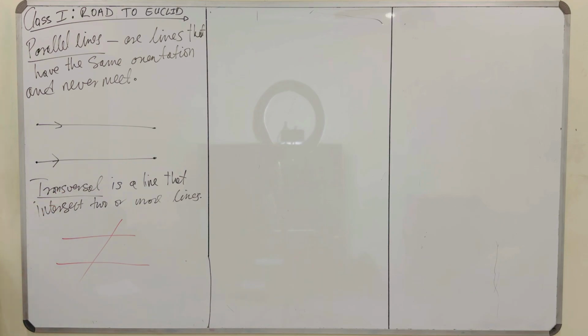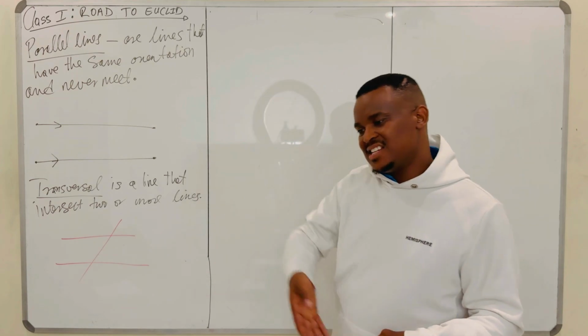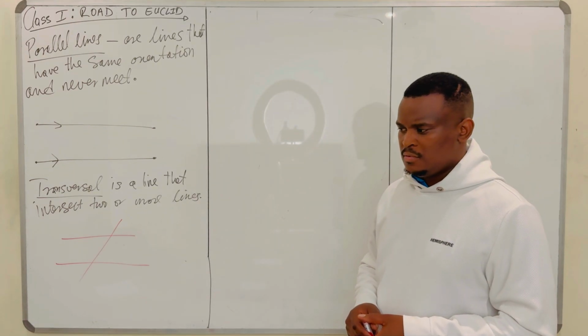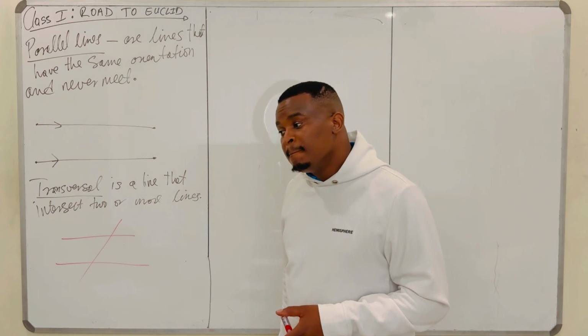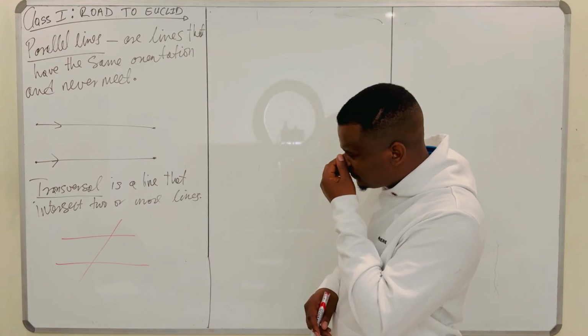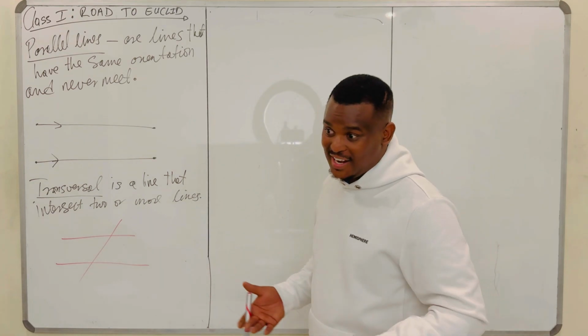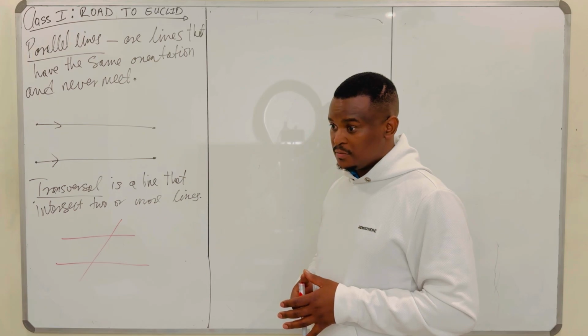It's called a transversal. So, when I say transversal, I need to think about a third line cutting two or more lines. Is it clear? Yes. That's all I need to think about.